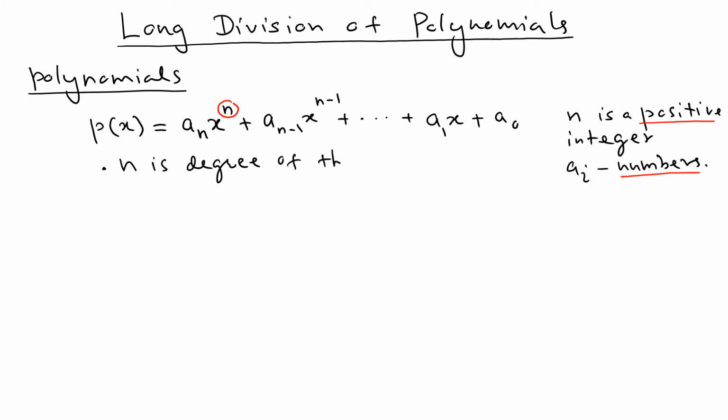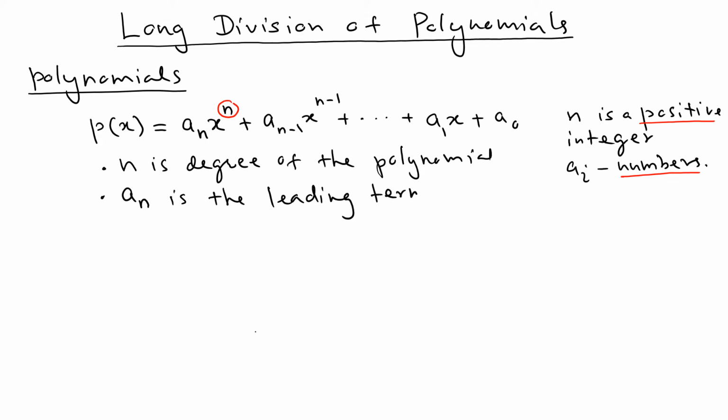And then a_n, the coefficient of the largest term, the coefficient of x to the n, is called the leading term. And then a_0 is the constant term. So these are some terminology that we use.